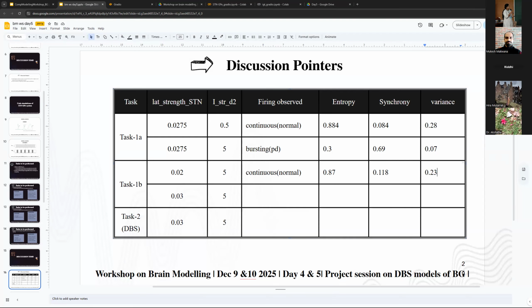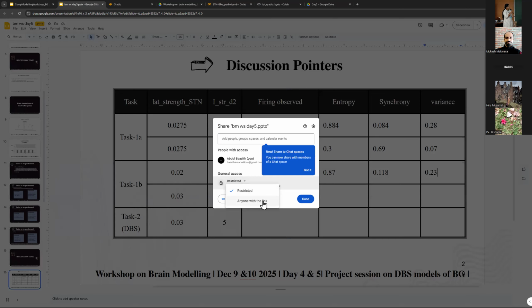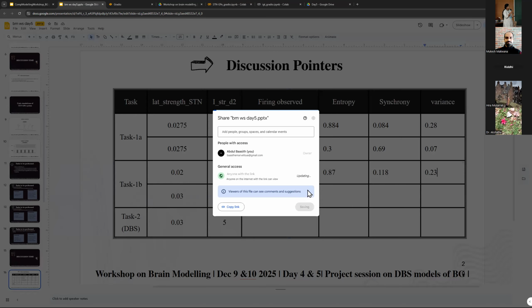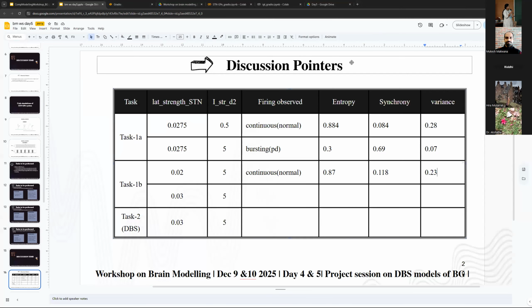Yeah, anyone with the link. Can you put it in the chat box? I'll take it from there. Good. Thank you so much. Yeah, I think I'm able to access it.